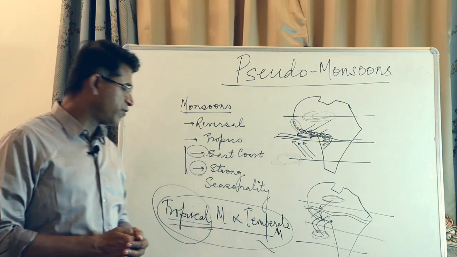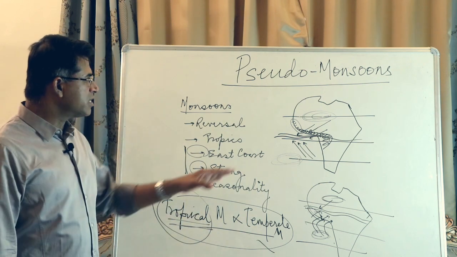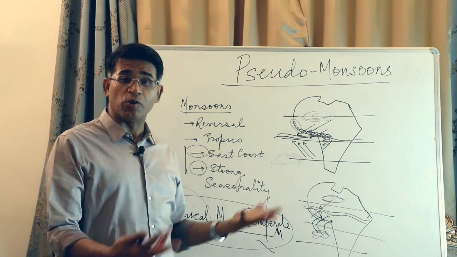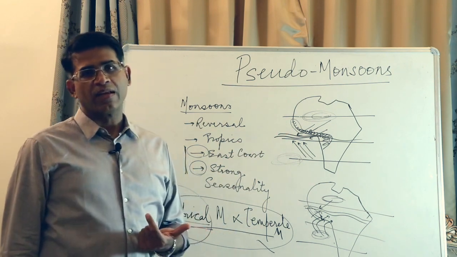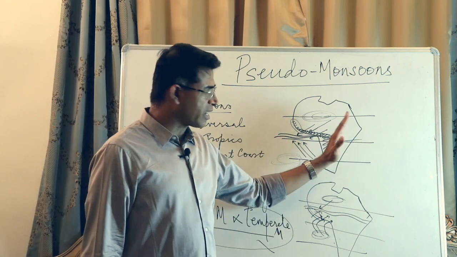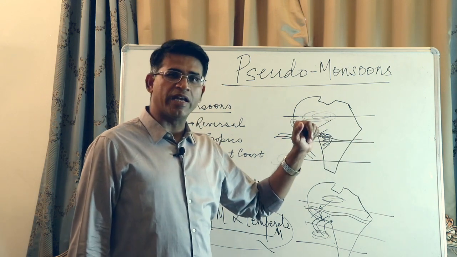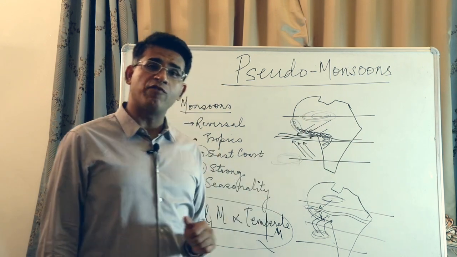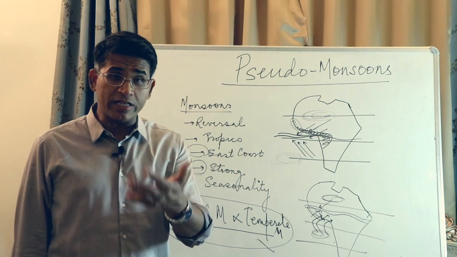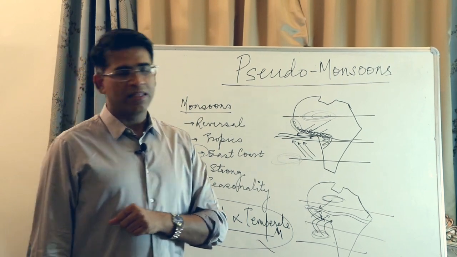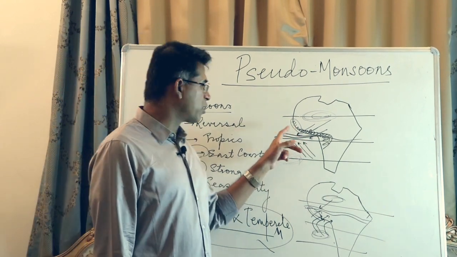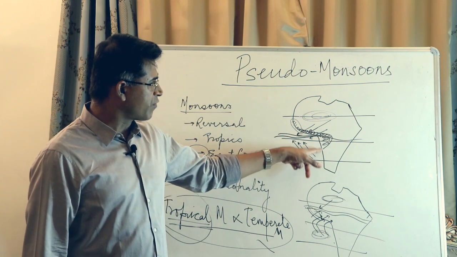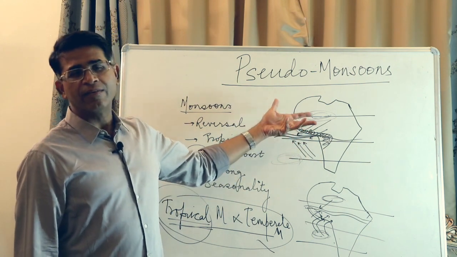Why? Because of 2 reasons. One is, this is not the typical east coast that we know of. East coast is this side. The same for Australia, the same for Brazil, the same for South China Sea and Southeast Asia. This is not typically the eastern side. It is because of the configuration of the coast that we have monsoons here.